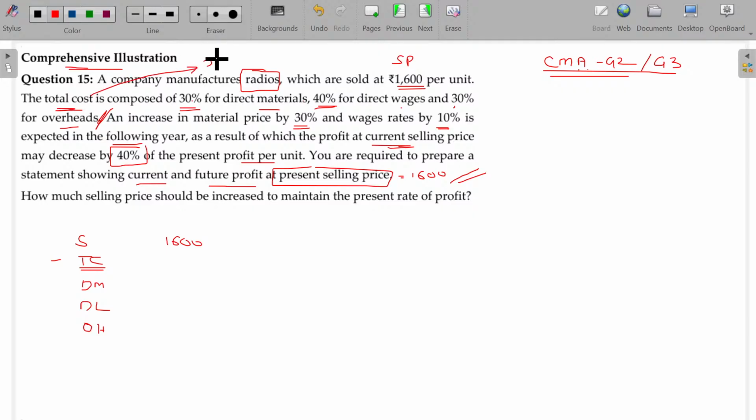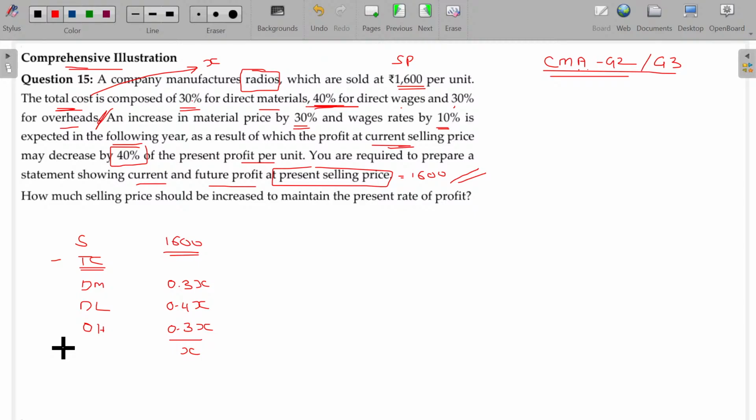Otherwise, I assume the total cost being X. So the direct material should be 0.3x. Direct labor should be 0.4x. Overhead should be 0.3x. The total cost being x.